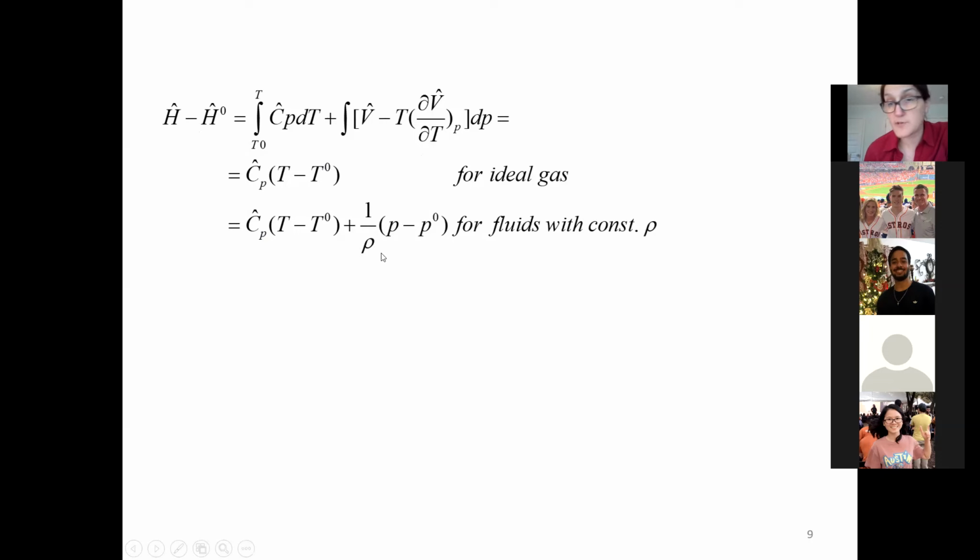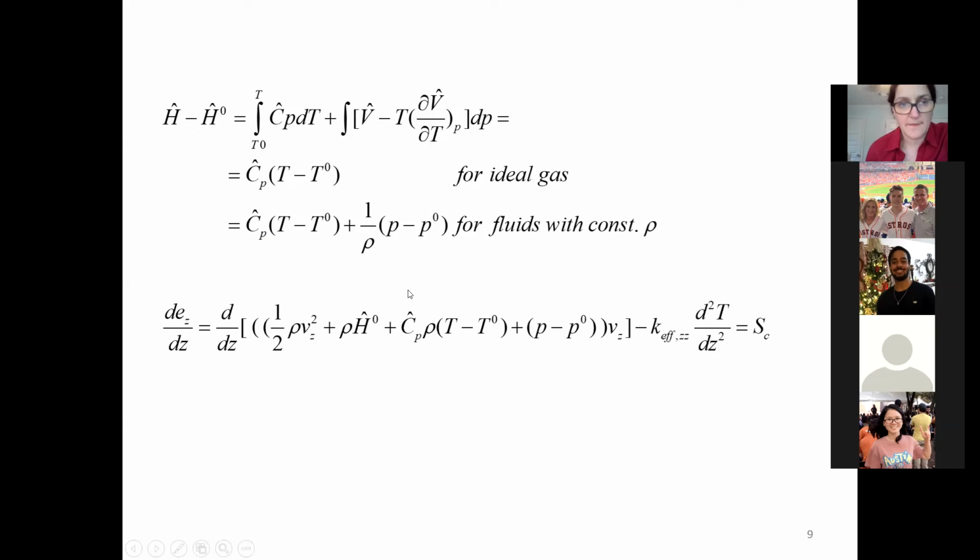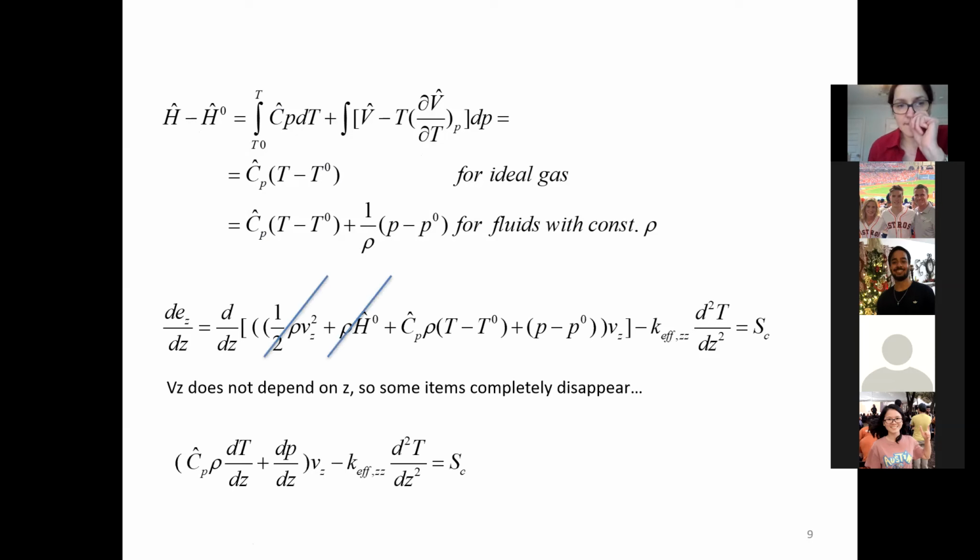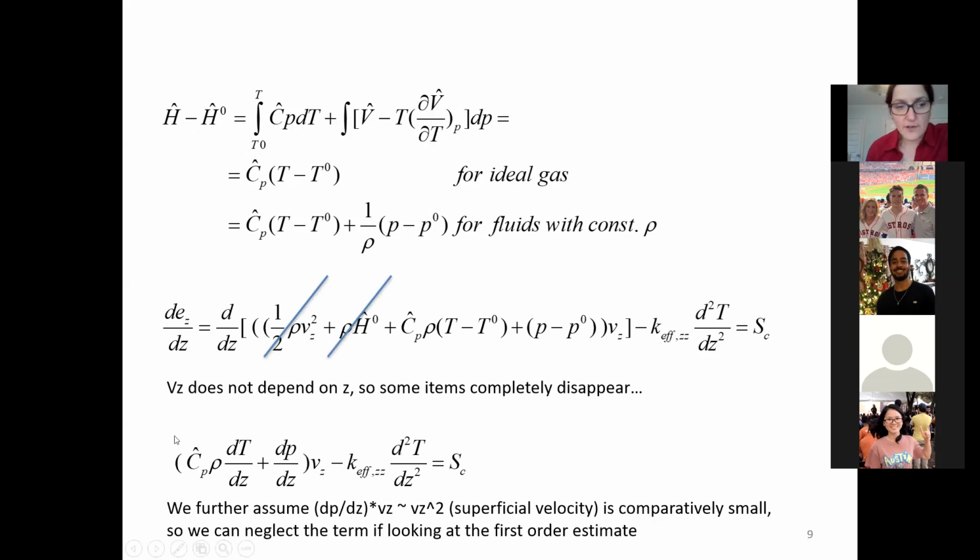So I have both temperature and pressure terms within. Now when we put that in, a lot of things disappear. So this is what we worked on last time. We get the following equation that involves velocity, pressure, temperature, and this heat source term.